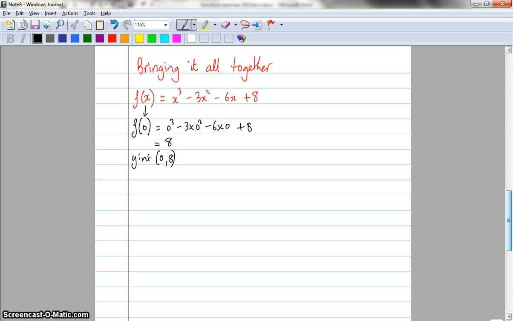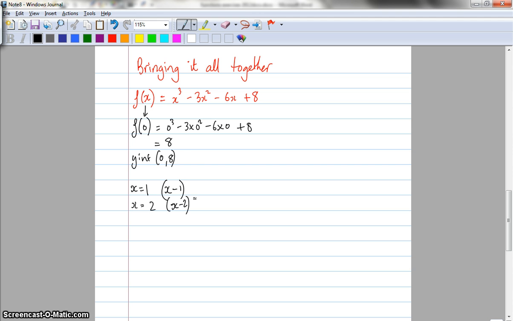Now I know that if I sub in x as 1 into this equation up here and it equals 0, then that means x minus 1 is a factor. If I sub in x equals 2 and get a remainder of 0, then x minus 2 is a factor.